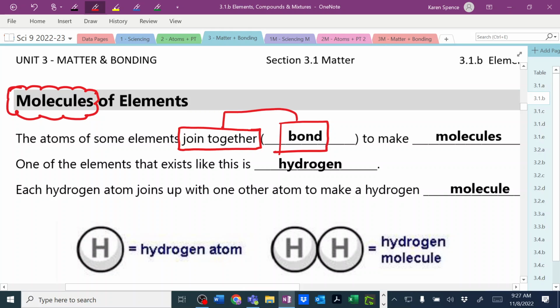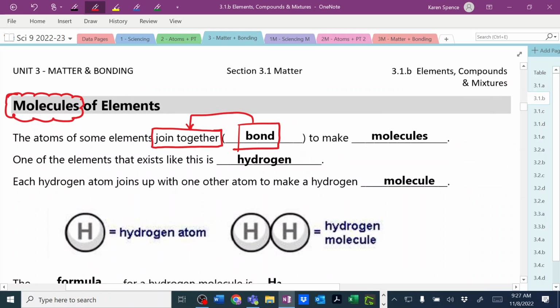So bond means join together. And when those atoms join together, they make molecules. So a molecule is more than one atom joined together.